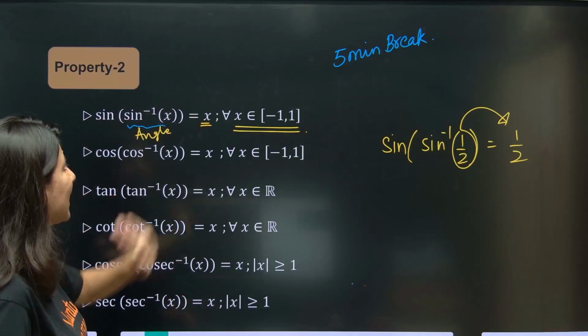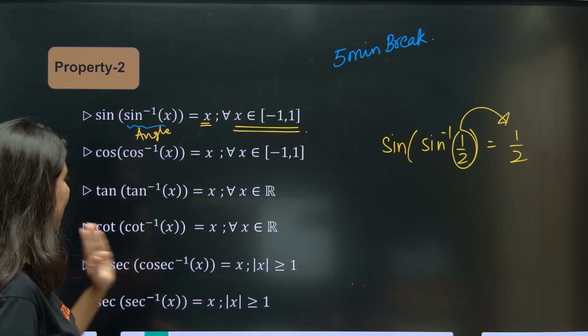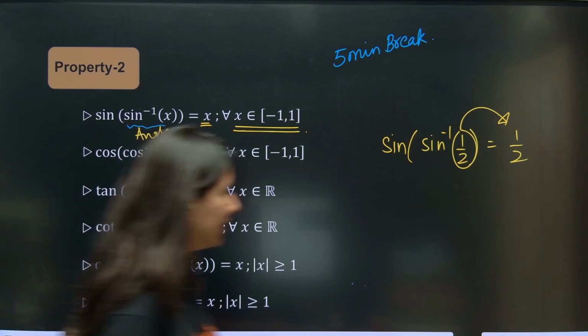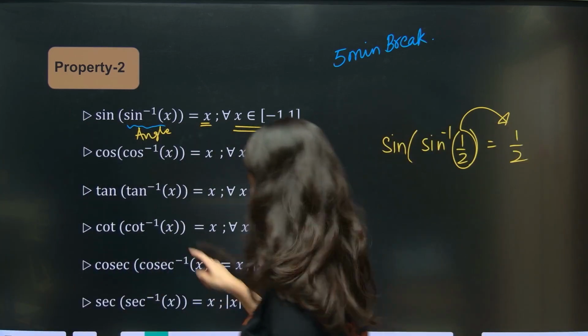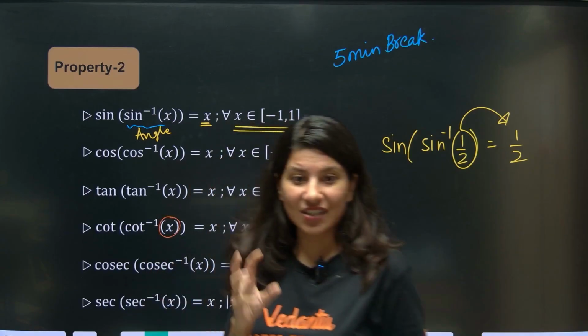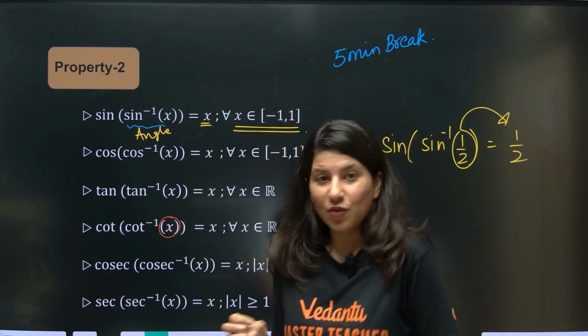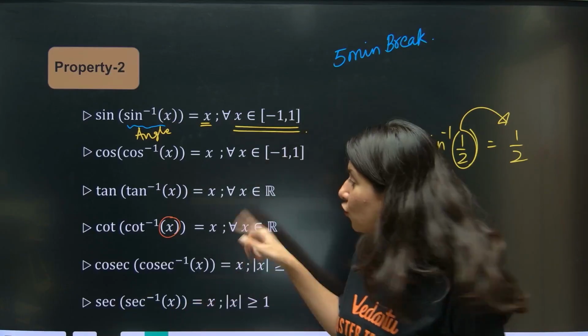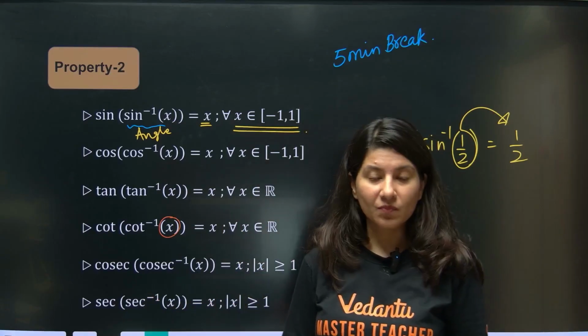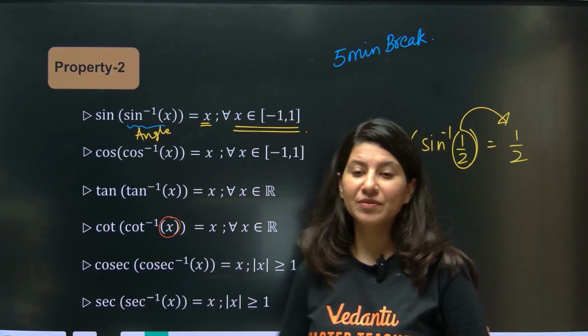Because directly you can write x. Did you understand the reason why? Because this x already is restricted now. If the domain is restricted, you don't have to worry about anything. If your domain becomes random, then you have to worry.